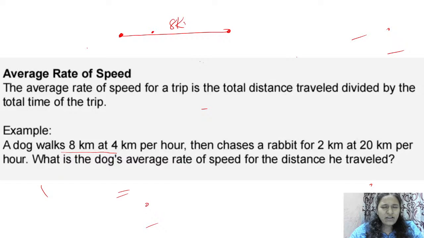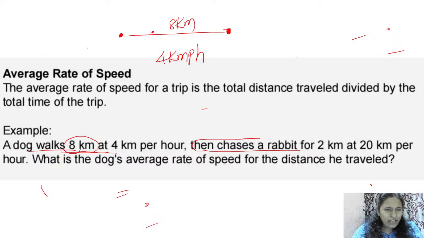What is the starting distance? 8 kilometers and speed is 4 kilometer per hour. After that it chases a rabbit, that means after these 8 kilometers. So many students get confused here. A dog walks 8 kilometers. The speed is 4 kilometers per hour.